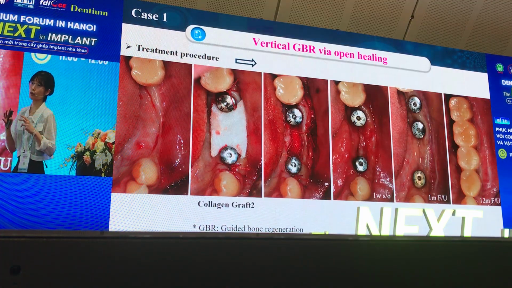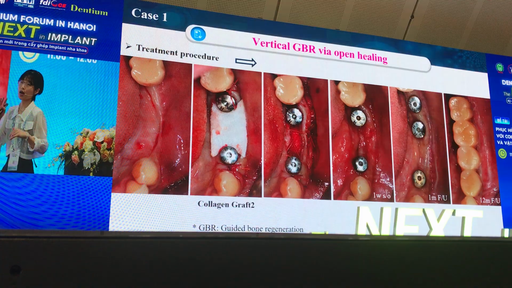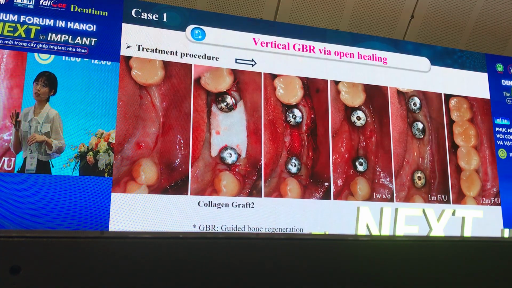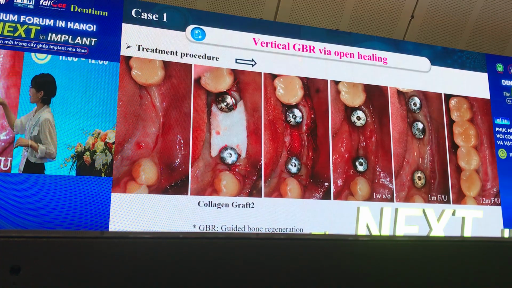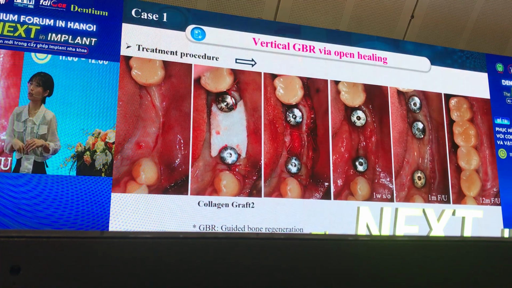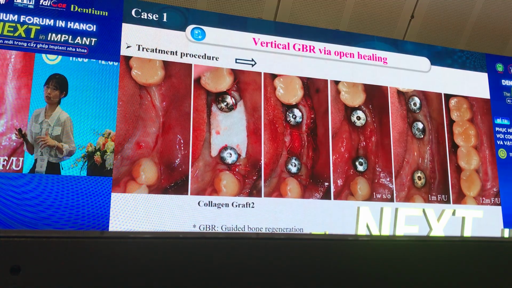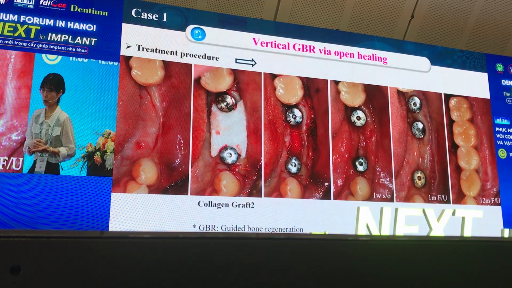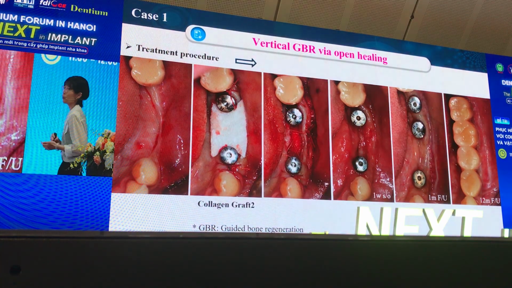So I planned to do the open healing. So I placed the implants on both sides and then put the collagen graft inside and then used the Collagen Graft 2 because I planned to do open healing.